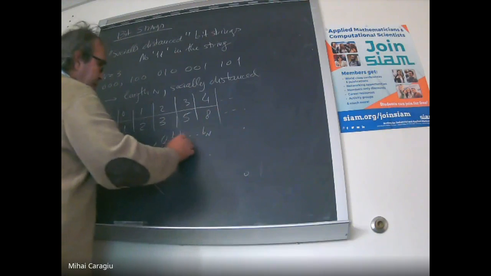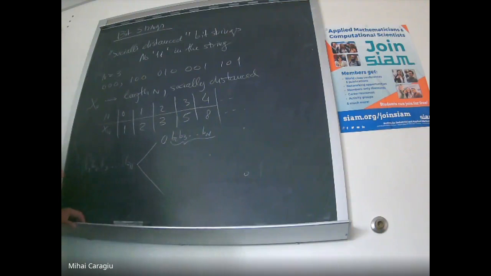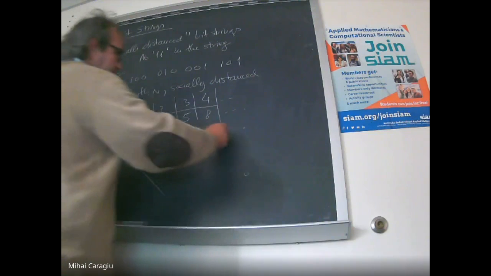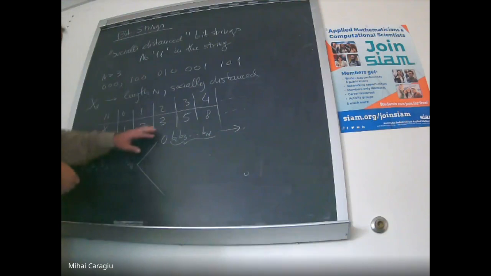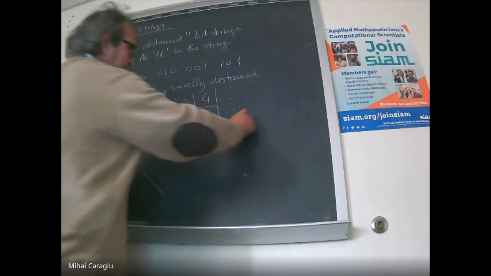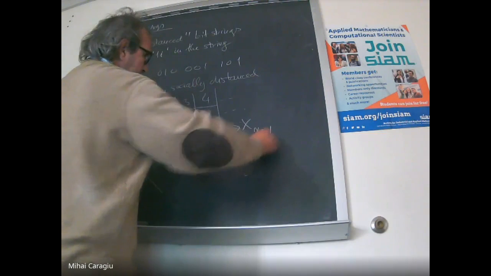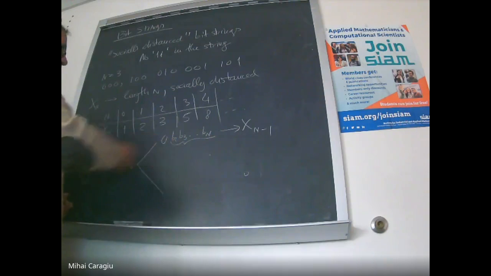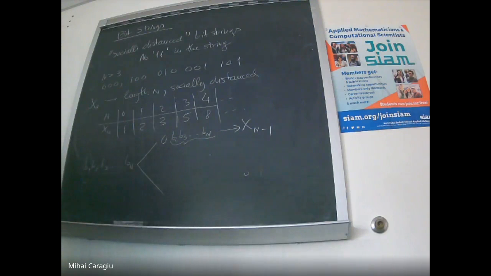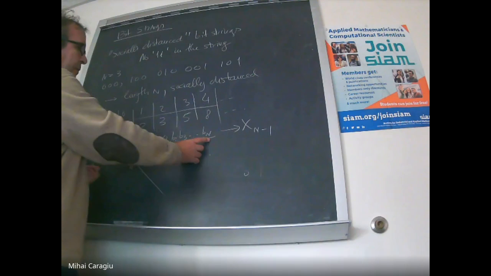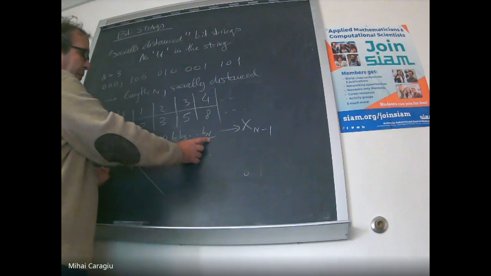As long as b_2 through b_n is a socially distanced bit string, everything will be fine. So how many strings are of this type? We have x_{n-1}, because we have n minus 1 bits, and the only condition is that this bit string of length n minus 1 from b_2 through b_n must be socially distanced.